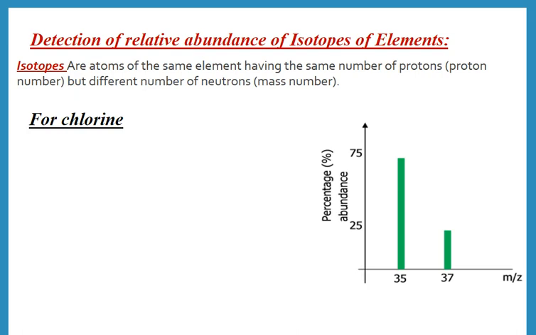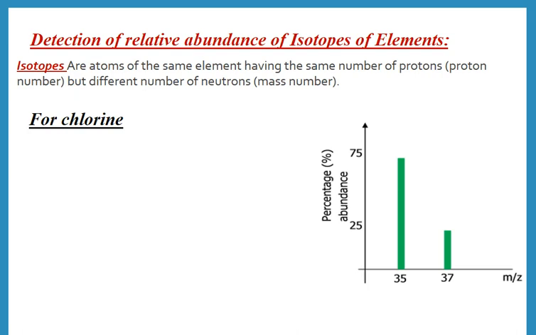So from the spectrum, one of the isotopes for chlorine has a mass of 35, and the ones that have a mass of 35 have an abundance of 75%. That means that 75% of my atoms have a mass of 35. The other 25% of atoms of chlorine have a mass of 37. This is what my spectrum is telling me.